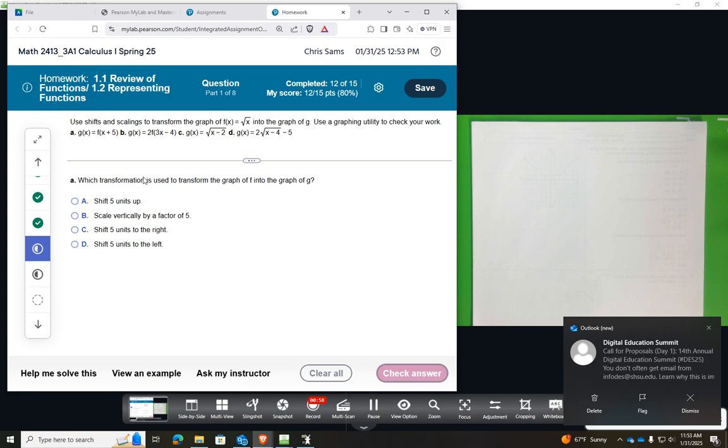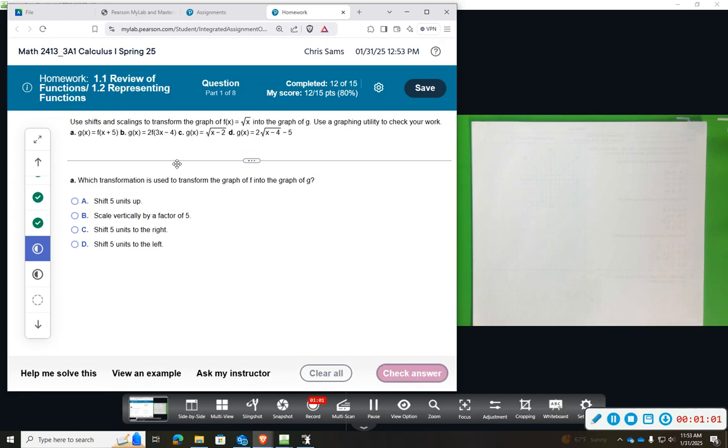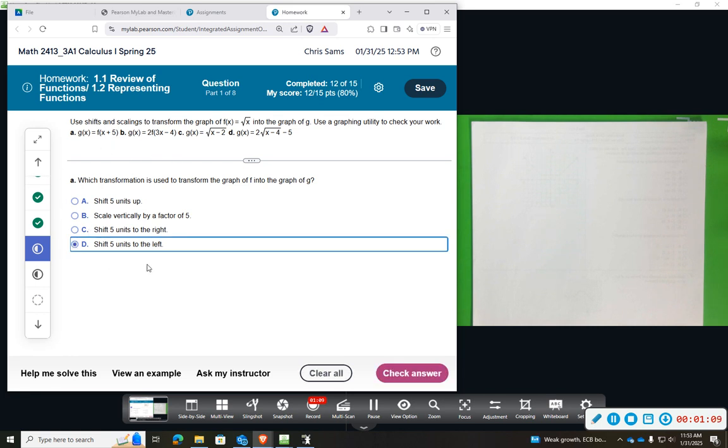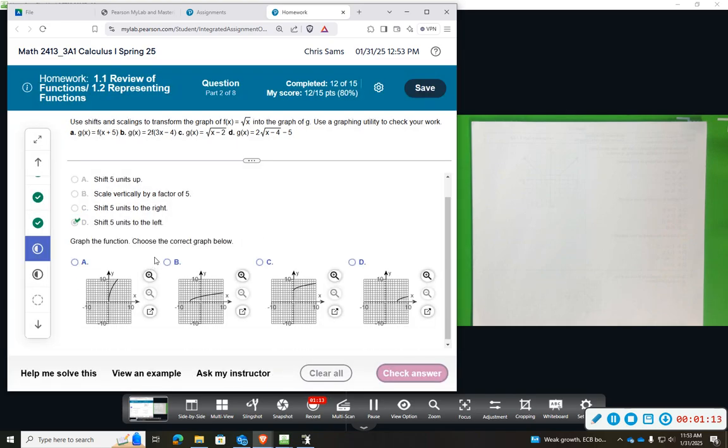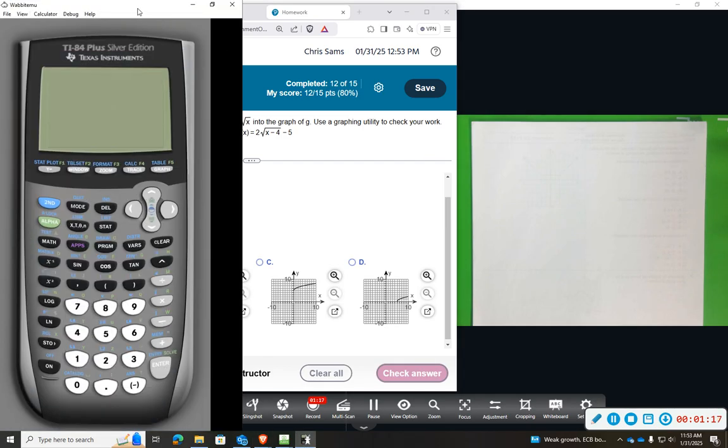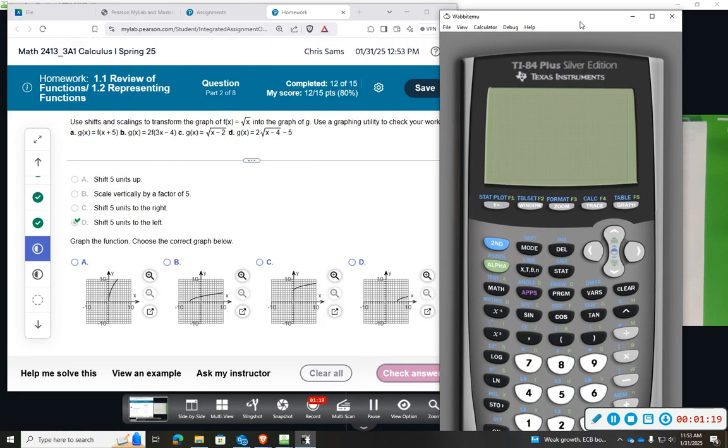Being familiar with that, we can recognize that the first transformation, +5, is going to shift it left 5 units. So we're going to pick D, and we'll see that if we compare, that graph is going to get shifted left.